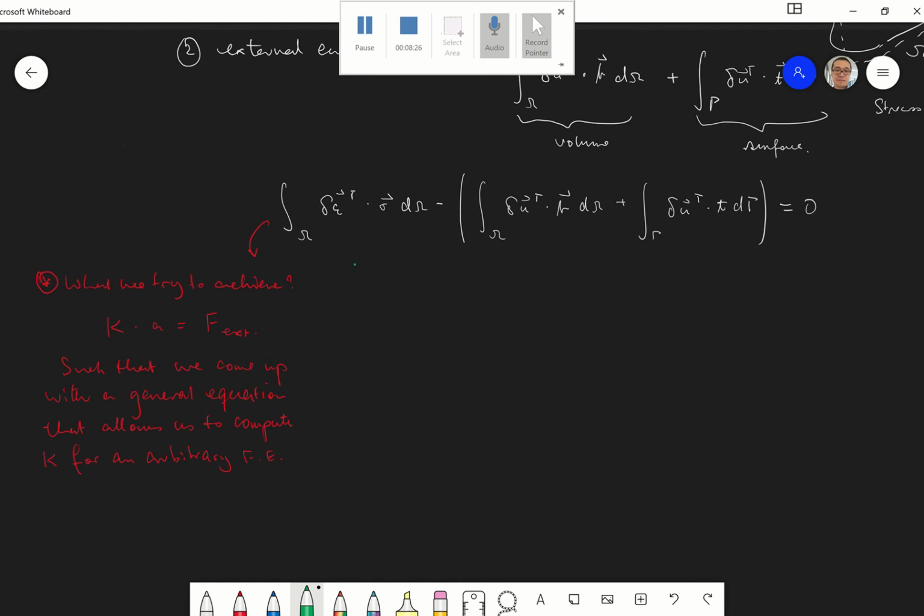First of all, if you want to go back to slides about 22 to 23, we introduced this idea of the shape function.